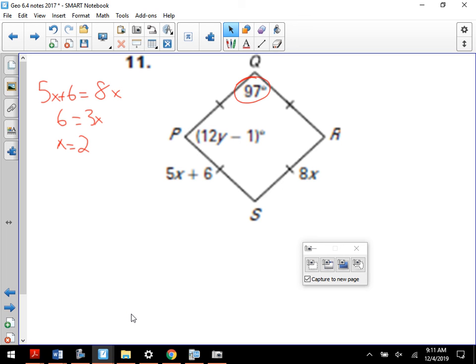Solving for y, on the other hand, might take an extra minute here. Now, it's a parallelogram, which means the opposite angles are the same. And consecutive angles always add up to equal how much? 180. Now, are those two angles, angle P and Q, opposite one another or next to one another? Next to. So that means these two have to add up to equal 180.